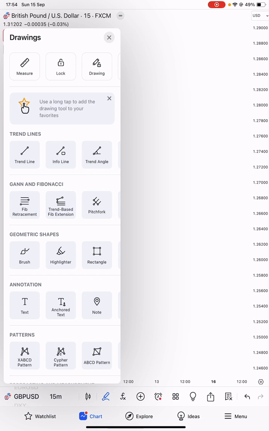So choose a candle you want to trade. Anticipate that candle's bias, so the most likely direction and shape of that candle. Once you have that, let's say you want to trade a monthly candle. You are bullish for that monthly candle.